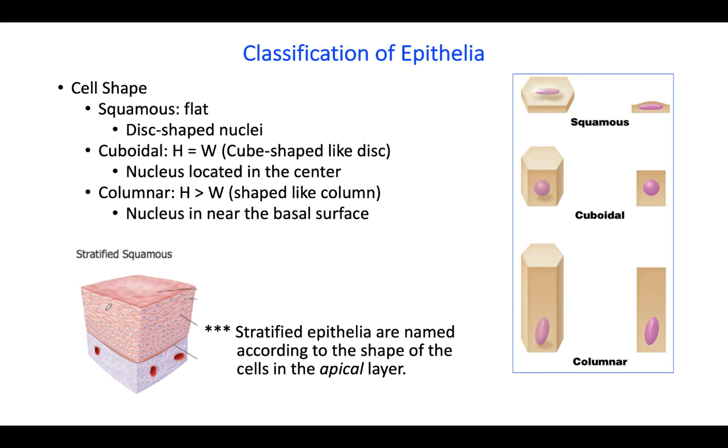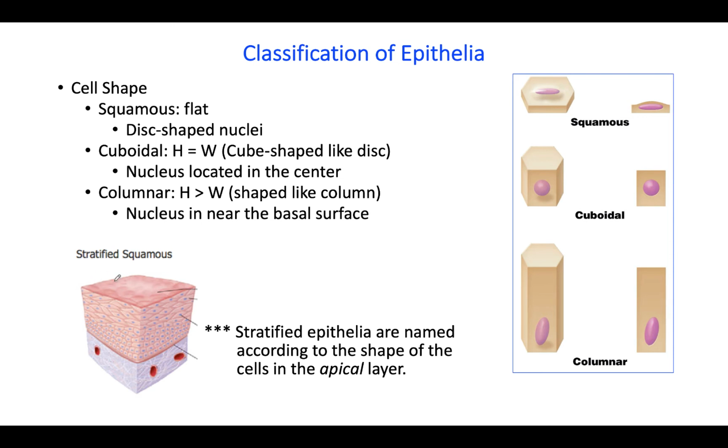That is, you have to look at the top portion. So the stratified epithelia are named according to the shape of the cell in the apical layer. Even though the basal portion of this epithelium consists of cuboidal epithelium, we can still call this epithelial tissue stratified squamous.